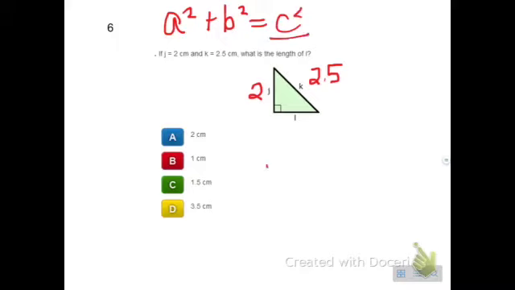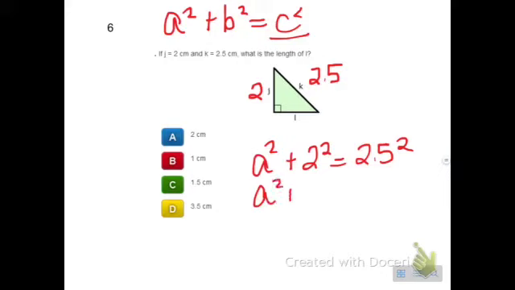So I would say A squared plus 2 squared equals 2.5 squared. So let's do our exponents. A squared plus 4 equals 2.5 squared, which is 6.25.